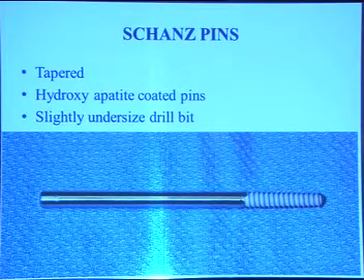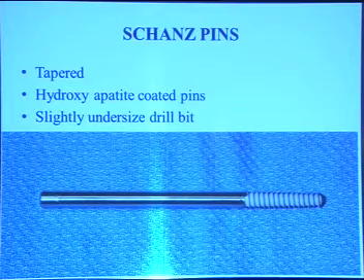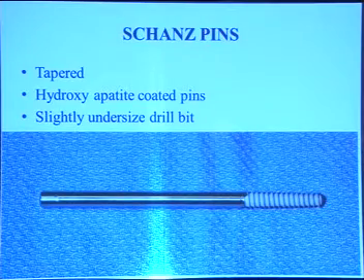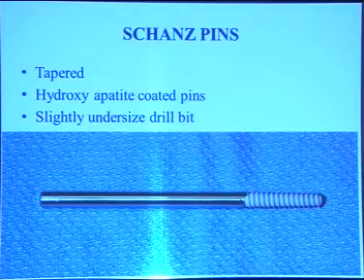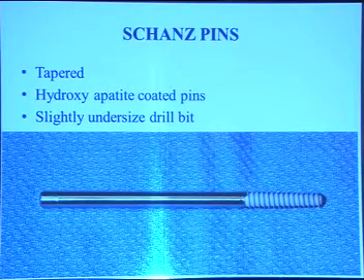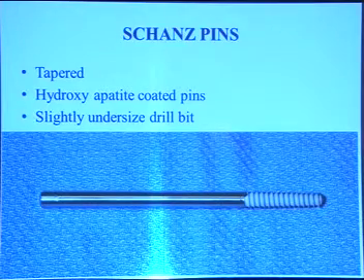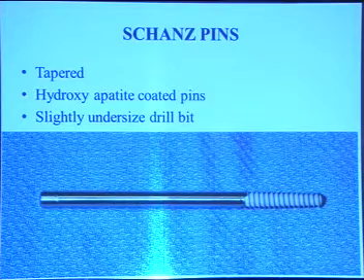The only difficulty with these shank pins is that removal is sometimes difficult; sometimes you have to subject the patient again to anesthesia for removal of these pins. And while passing the shank pins, use an undersized drill bit, smaller than what is desired in normal bones. Sometimes drill bit usage is not needed at all, depending on the severity.